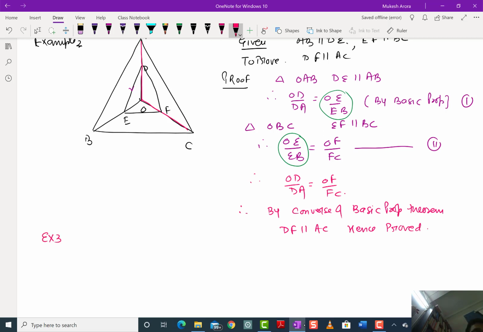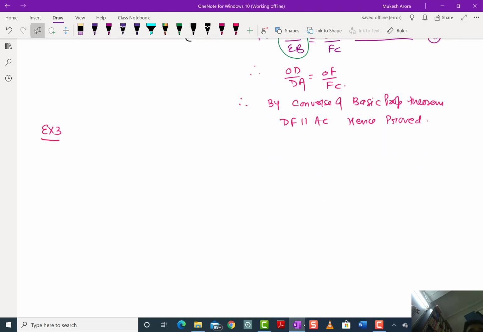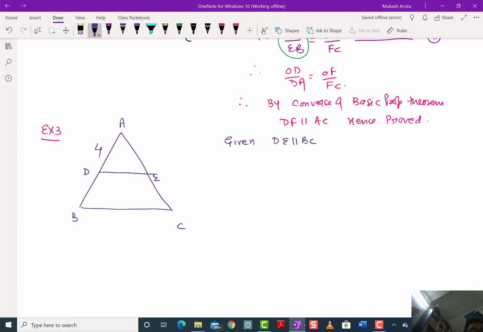Example 3: triangle ABC, DE is parallel to BC, AD is 4, BD is 5, this is X, this is 2.